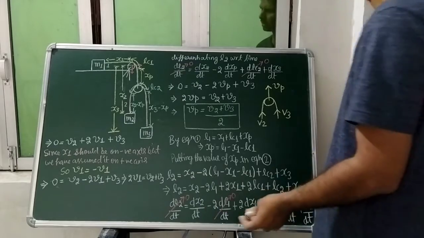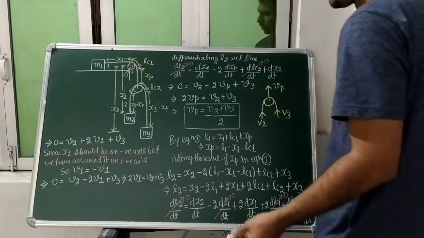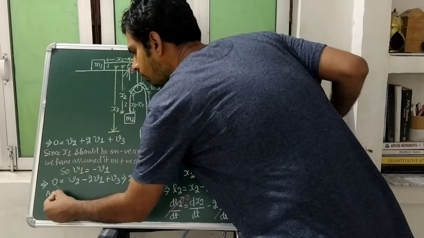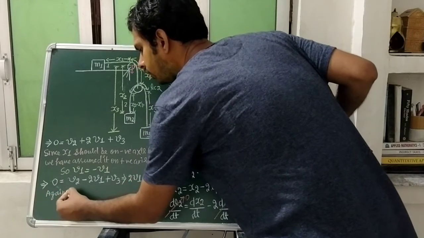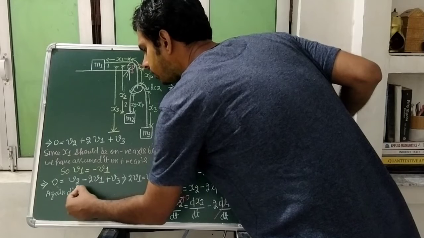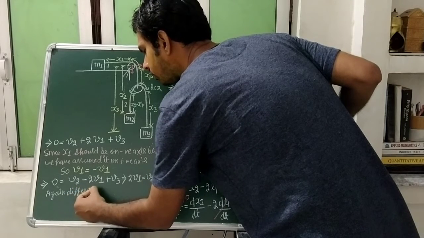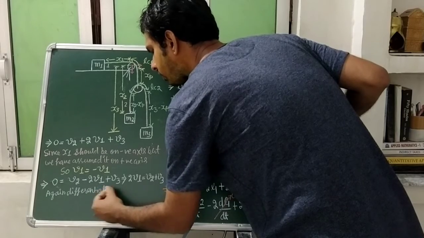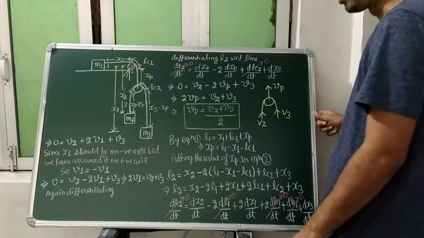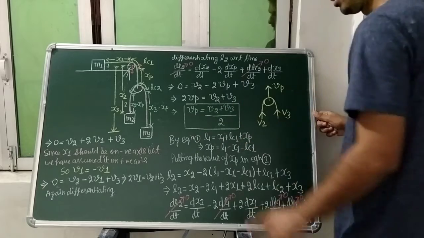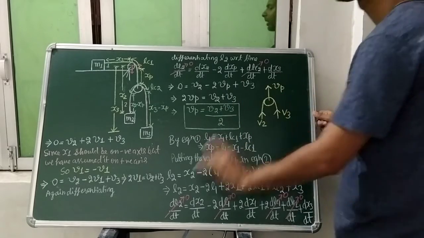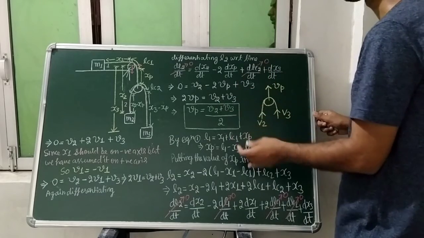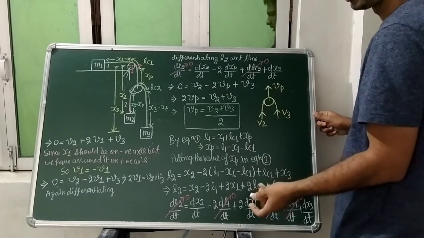So that will give you this. That is why they will be in this way, so that they can get cancelled out, and the net velocity in that string can come out equal to 0.